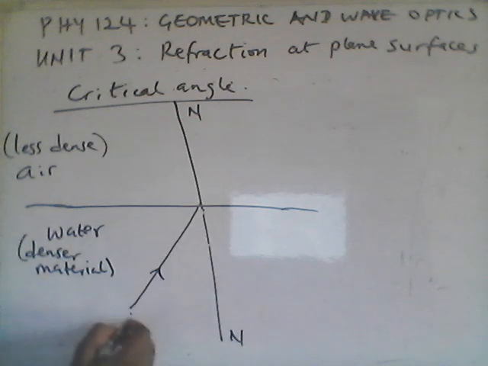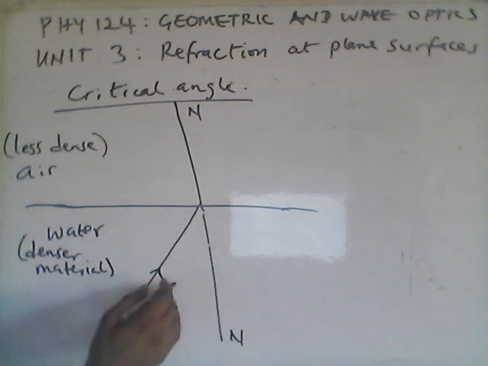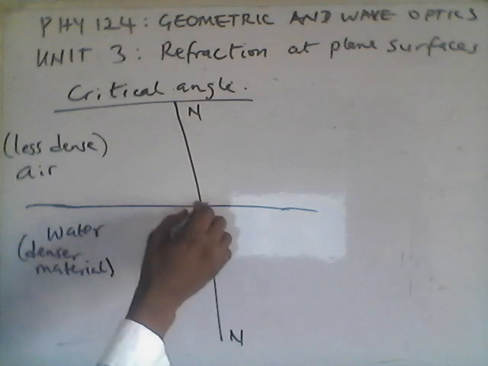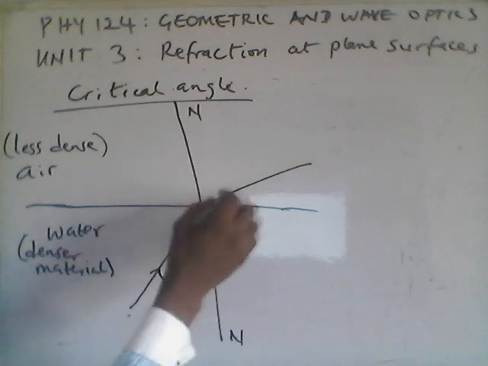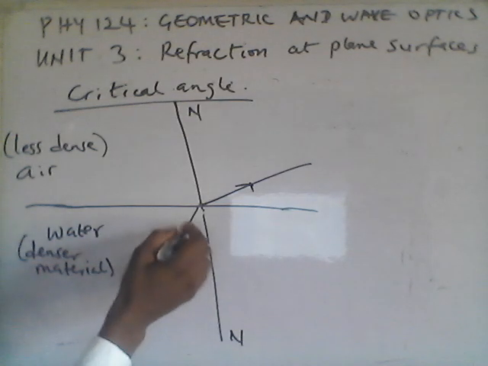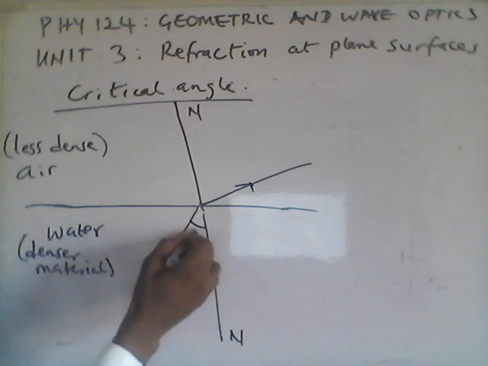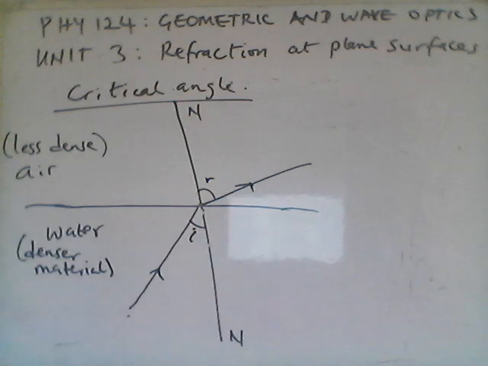Understand? So for each angle of incidence, the refracted ray is bending away from the normal. So I have the incident ray like this and the refracted ray like this, because we are doing it the other way around.